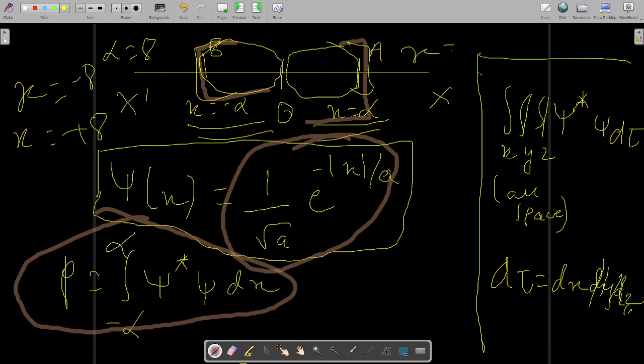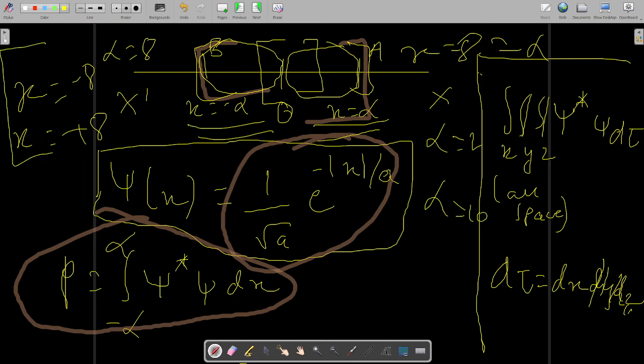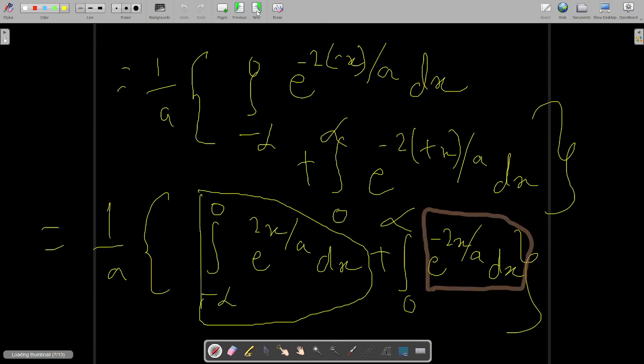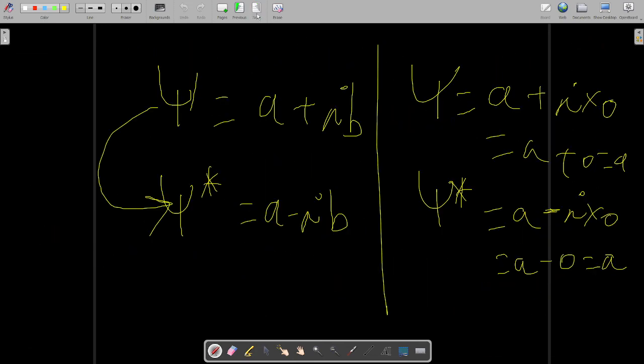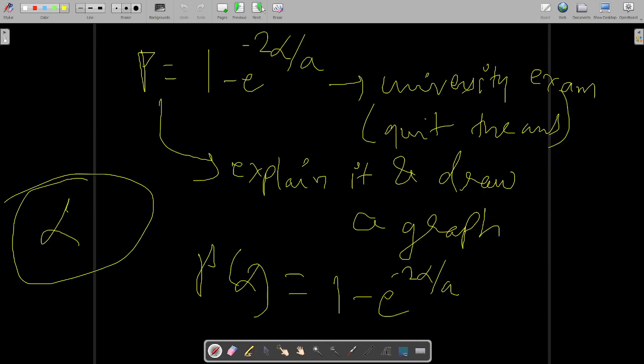But if I take alpha equal to 2, this strip will narrow down. If I take alpha equal to 1000, this strip will expand like this. So you can draw a graph of P(alpha) against alpha.